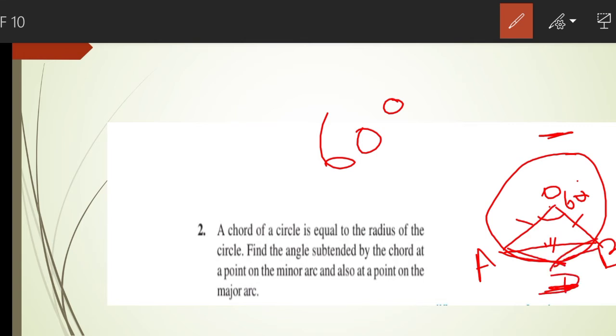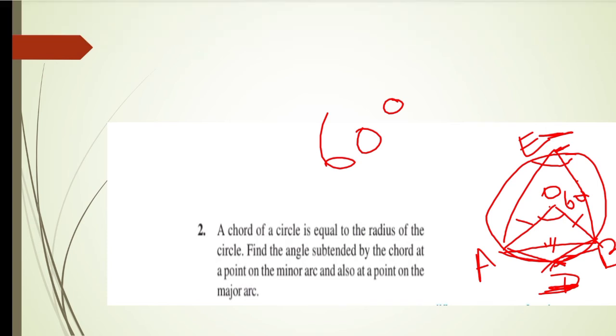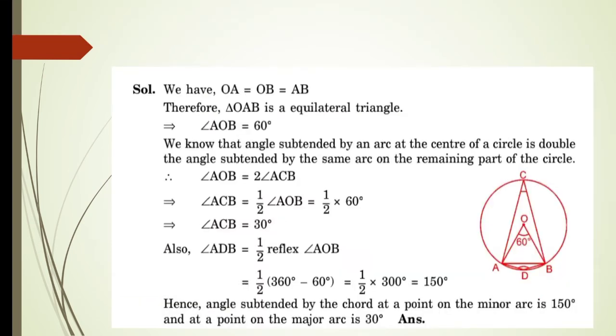This point is D, and on top we get another point E. So in the major arc we have E and in the minor arc we have D. We need to find these two angles. So let's see what the diagram in the answer is.